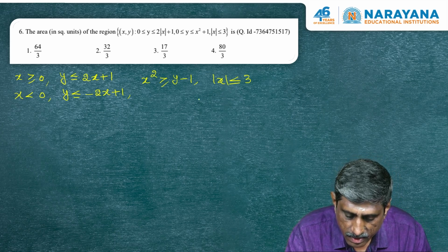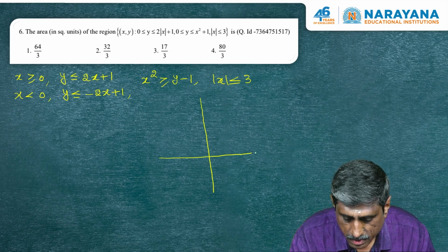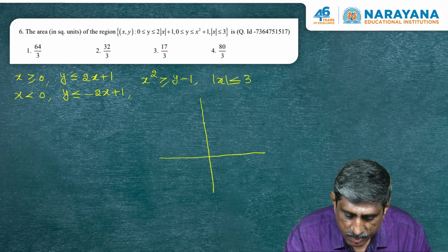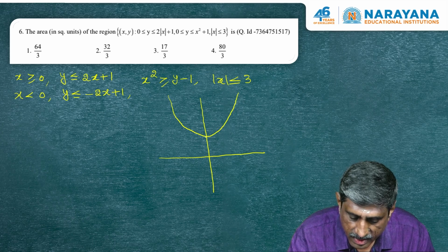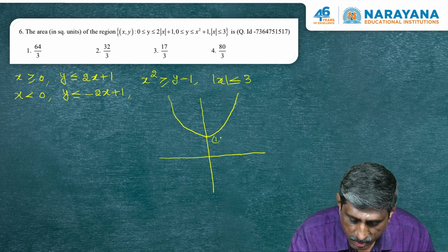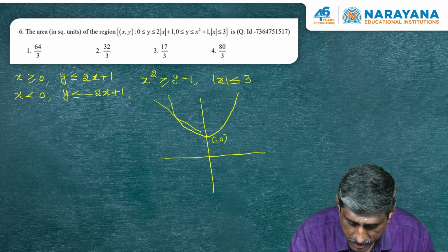So when we draw the graph, we understand that y = 2x + 1, this is (1, 0), and for the parabola also, it is an upward parabola with vertex (1, 0). We get a parabola like this, and this point is (1, 0), and we have the straight line like this.